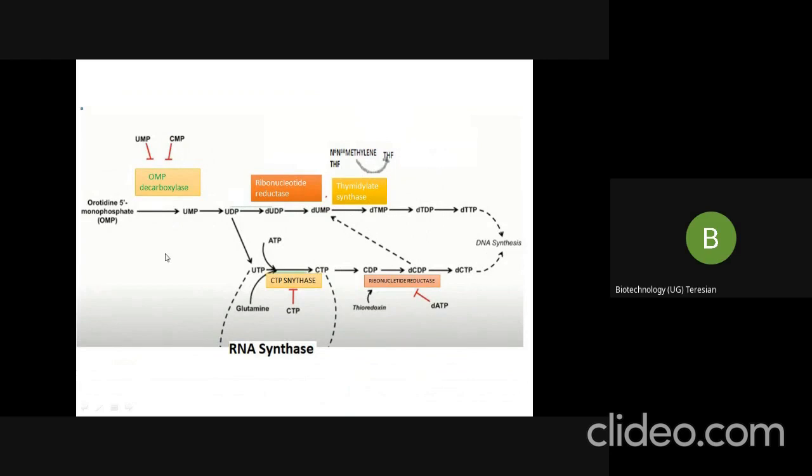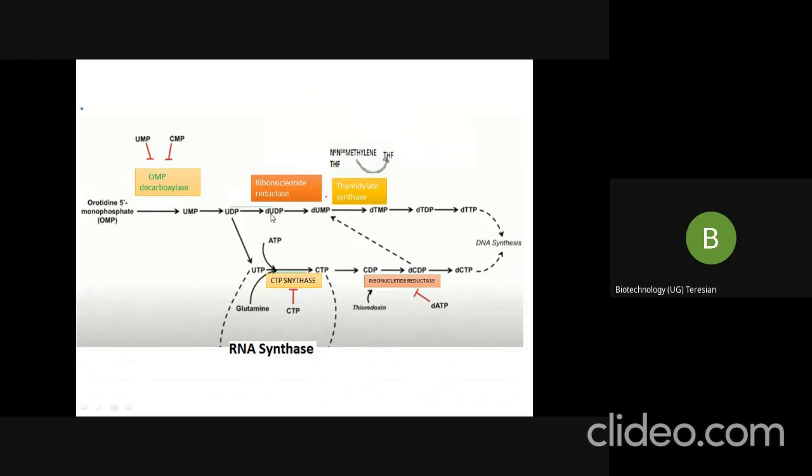So here you can see that your OMP in the presence of the enzyme OMP decarboxylase is converted to UMP, that is uridine monophosphate, which in turn gets converted to UDP in the presence of the enzyme ribonucleotide reductase, which in turn gets converted to dUDP.